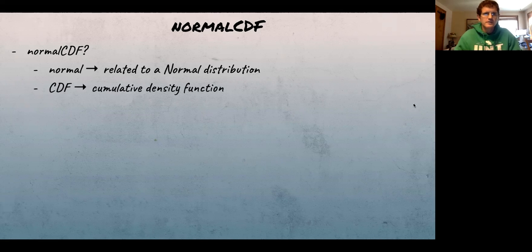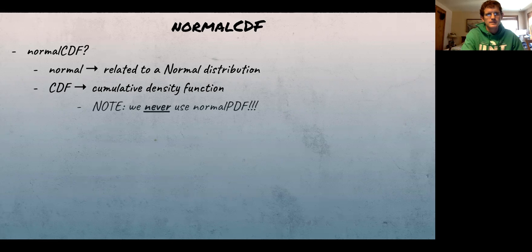CDF is a cumulative density function. Basically, it means the area underneath the curve. We're going to go into that in more detail, but you can think of the density as the area under the curve. So we're looking at the area under the curve for a normal distribution. And you will see the very first option is normal PDF, which is never used. So don't worry about that.